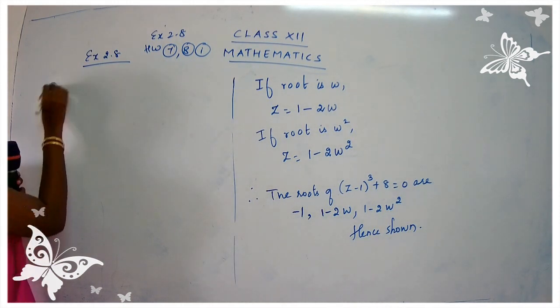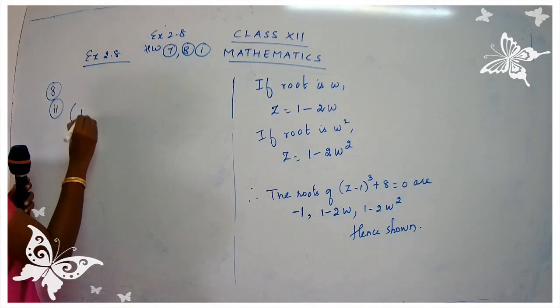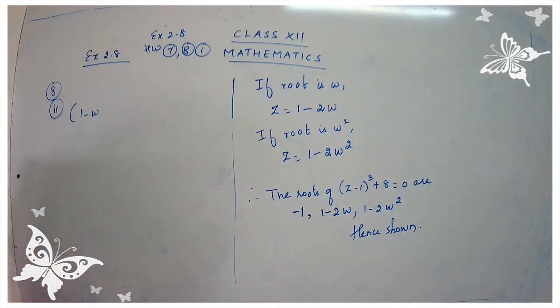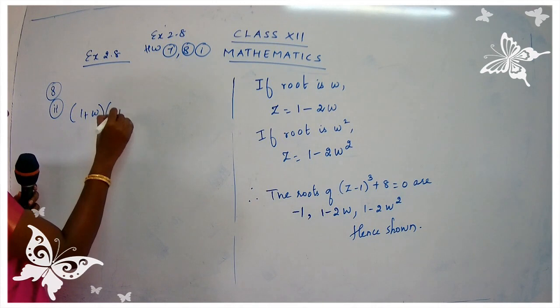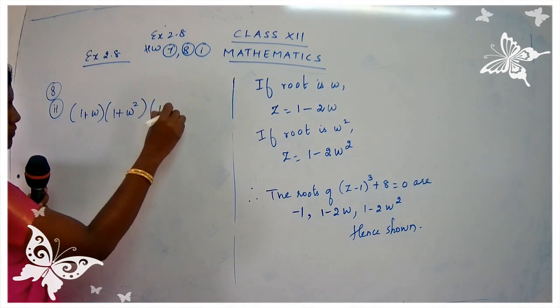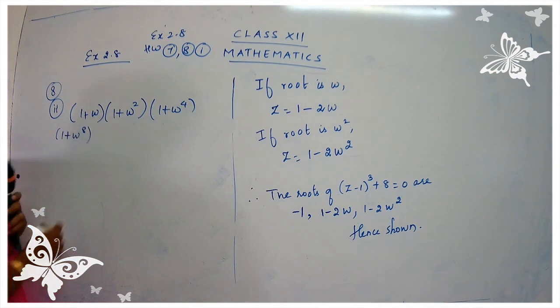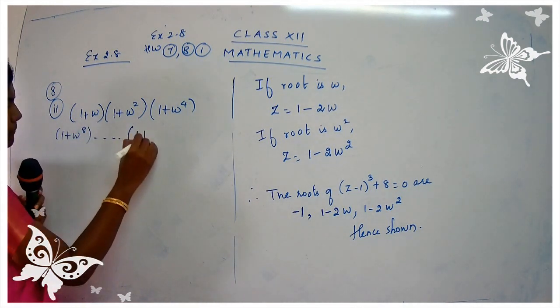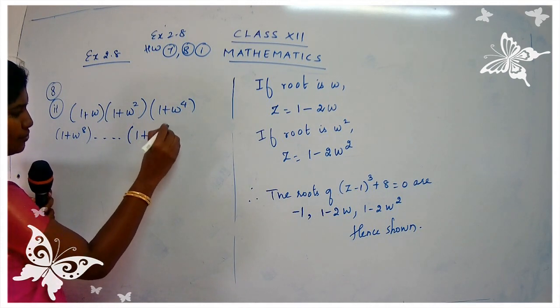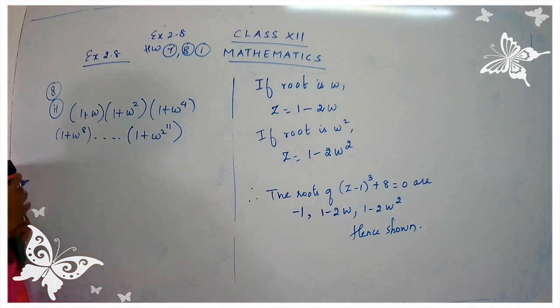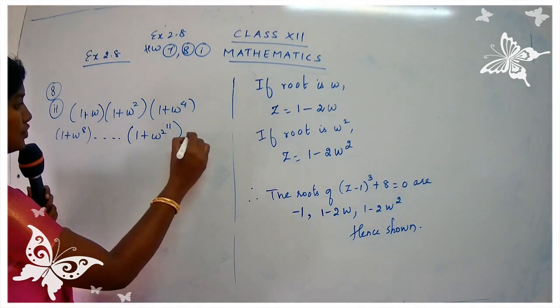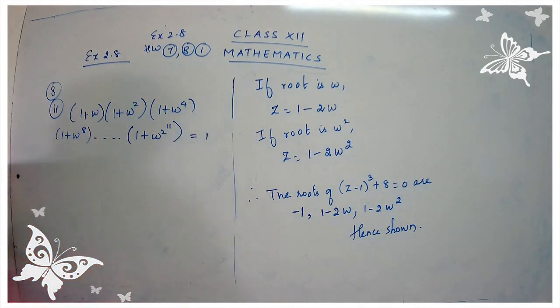Sum number 8, second subpart: (1 plus omega)(1 plus omega square)(1 plus omega raised to 4)(1 plus omega raised to 8). It goes on till (1 plus omega square) raised to 11, so 2 raised to 11. Let's start with the sum.